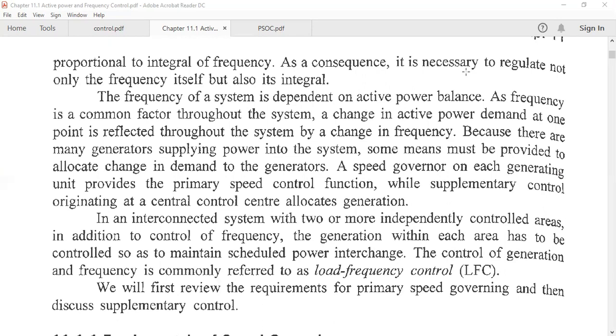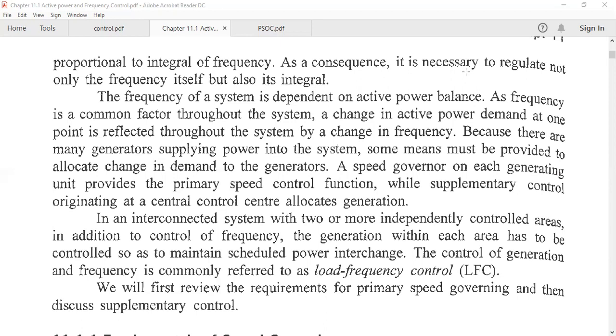So to have appropriate power exchange between different interconnected areas, in each regional area there has to be a system which will control the frequency in that region or area, by which it is very convenient to have a power exchange or interchange between the different regions.